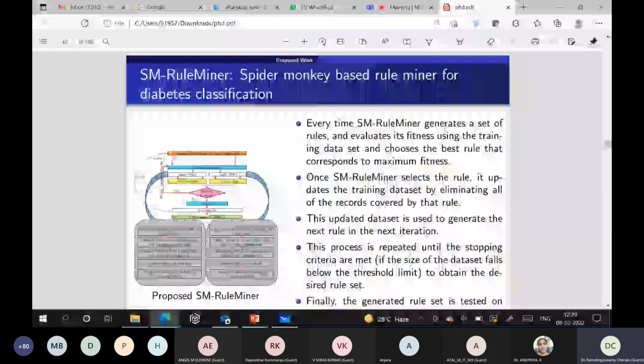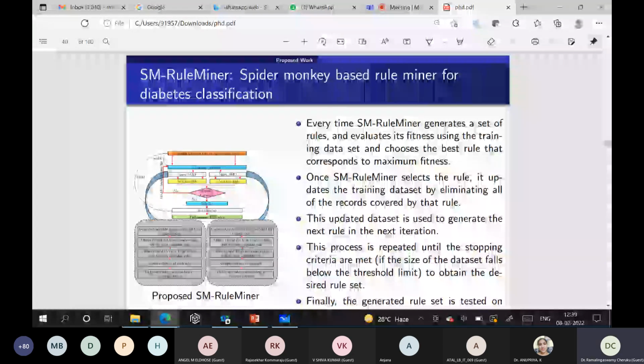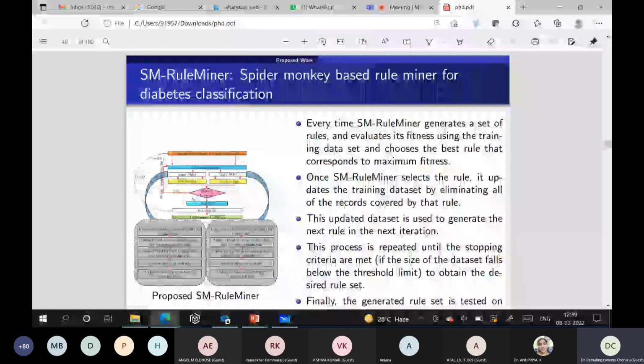When we are training our model and selecting the best features from the data, you always look for the encoding schema that corresponds to the maximum fitness value. The fitness value is generated from the fitness function. The encoding schema with the maximum fitness value for a specific fitness function will be treated as the best rule. So once we generate the rule, the first step.